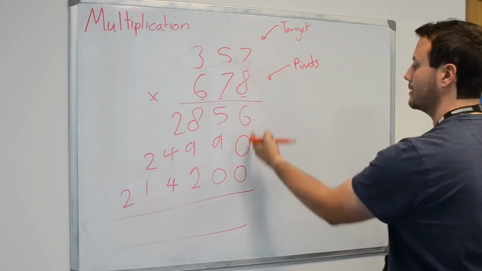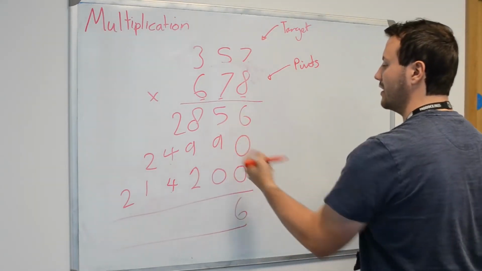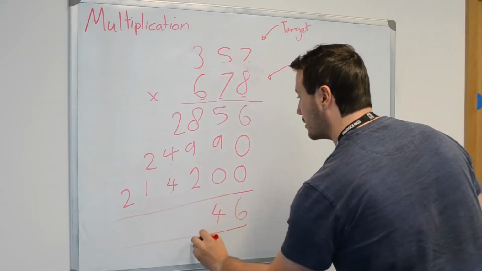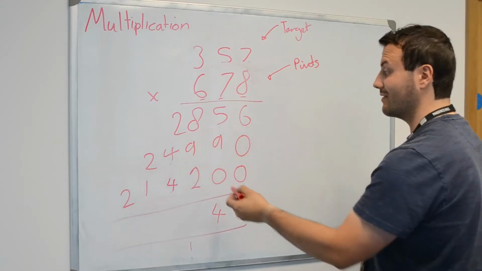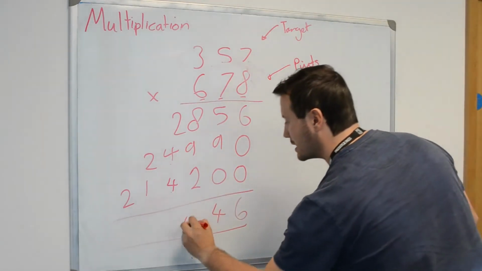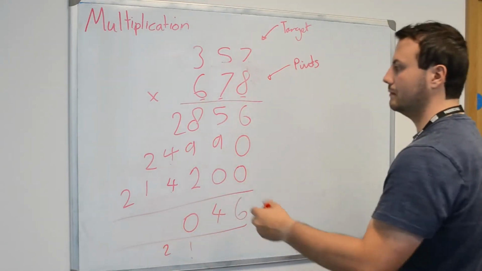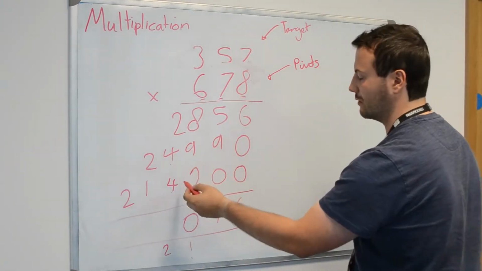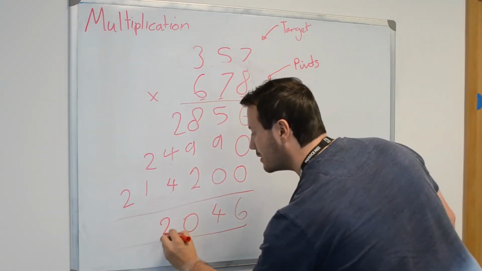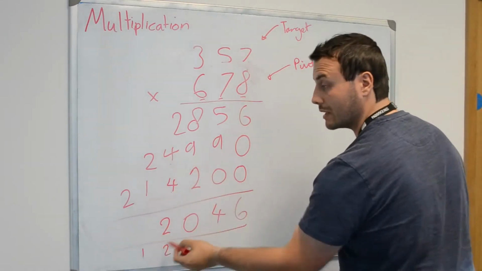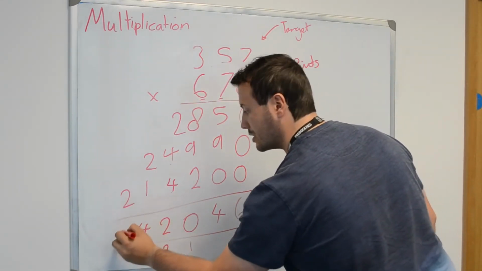Sum the whole list: we have 6, 5 plus 9 is 14, carry 1, 9 plus 8 is 17, plus 2 is 19, plus 1 is 20, 2 plus 4 is 6, plus 4 is 10, plus 2 is 12, 2 plus 1 plus 1 is 4, and then 2 at the end.